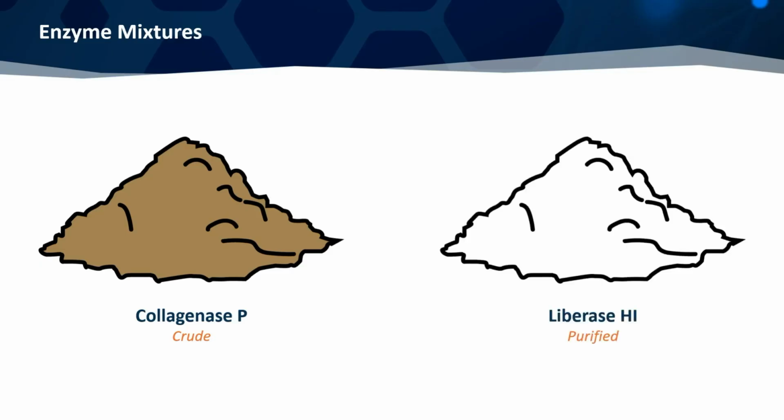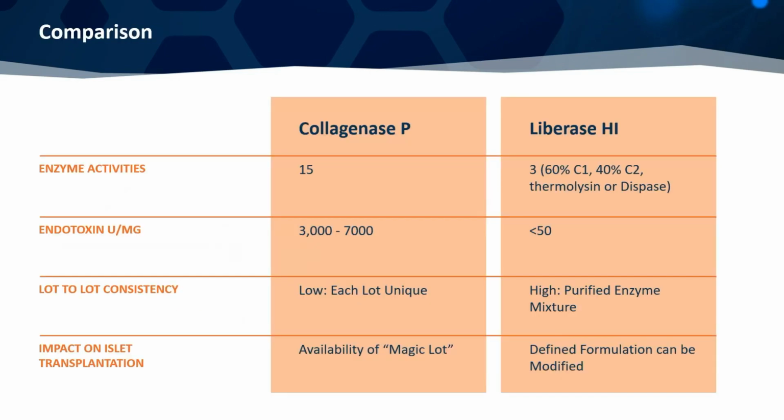We made Liberase HI. As you can see, instead of having all of these contaminating biopigments in the crude collagenase P, which is a brown to black color, we had a white powder. When you compare the two, you can see dramatic differences.